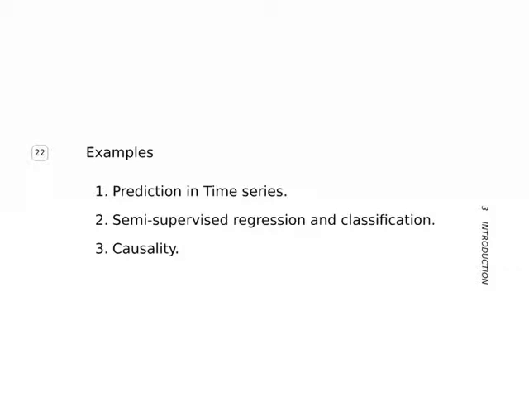Okay, I'll speak mainly about two models: prediction in time series, and semi-supervised regression and classification. I'll try to argue what I see as the problems there. If I have time within the 45 minutes, I'll say something about causality, but not really much.